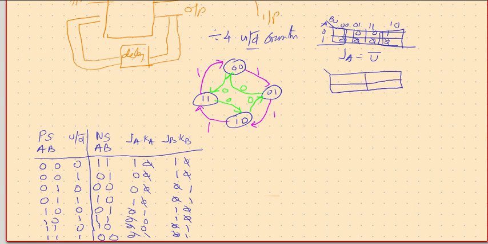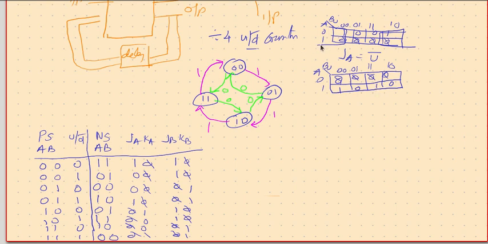Same way for KA, if you look at it, 4 don't cares, 1 0 0 1. 4 don't cares, 1 0 0 1.